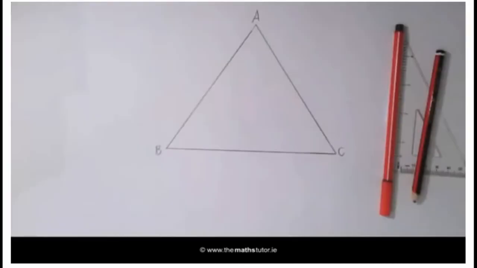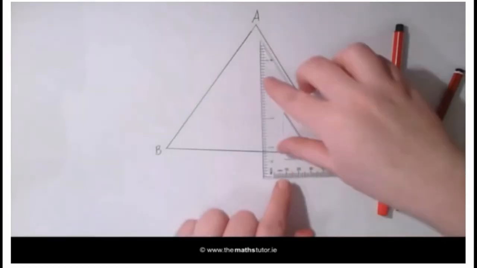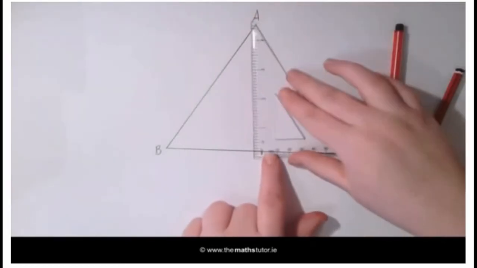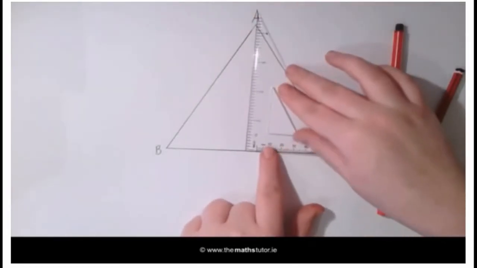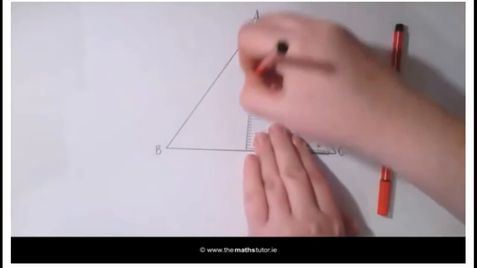We're going to construct the orthocenter of a triangle. The orthocenter is the point where the altitudes of a triangle meet. An altitude is a line drawn from the vertex of a triangle to the opposite side so that it forms a right angle with the opposite side. So to draw an altitude at A, we are going to use our set square so we can draw a right angle with the opposite side. So lining it up so that it's making a right angle, and draw a line through this.